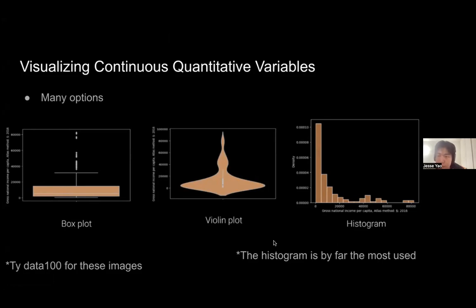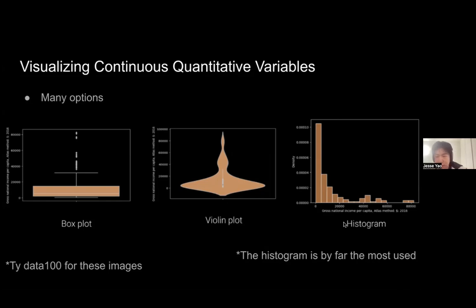There's also the KDE plot, but I've omitted that because it might be too advanced. I'll get a temperature check maybe if I want to go over it next week. But the box plot and the violin plot, I'm hoping at least the box plot you've heard of before in your math class. The violin plot is basically almost the same thing.